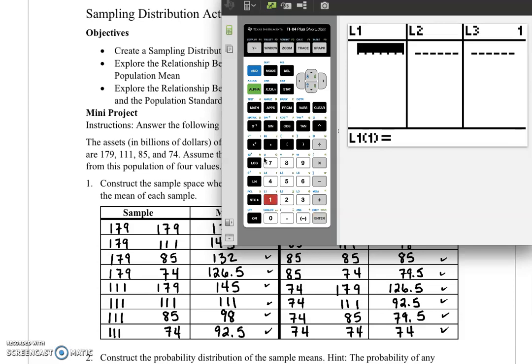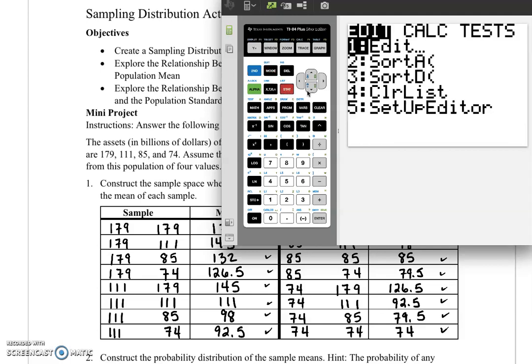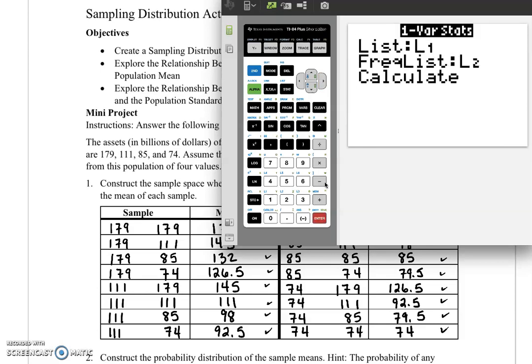So we need to put 179, 111, 85, and 74. Now, hopefully everybody remembers we go second mode, and then we go to stat, and over to calc, and pick the one var stats when we need to find the mean.